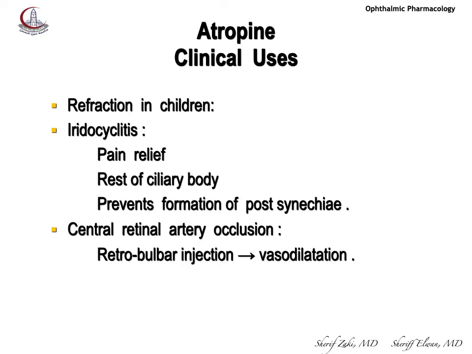Its clinical uses include refraction in children who have a very strong ciliary muscle, treatment of iridocyclitis for pain relief, rest of the ciliary muscle, prevention of formation of posterior synechia, and finally a rare usage is in central retinal artery occlusion, where it might be injected retrobulbarly for vasodilatation.